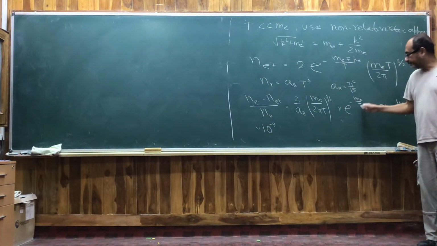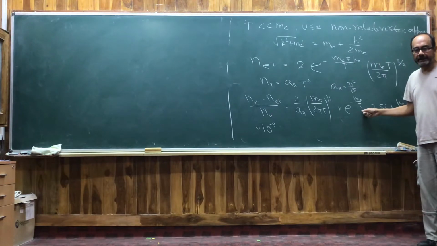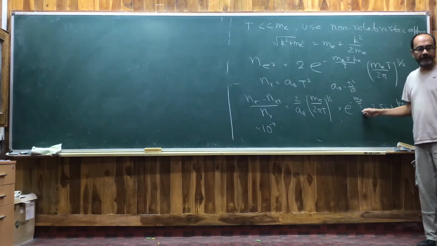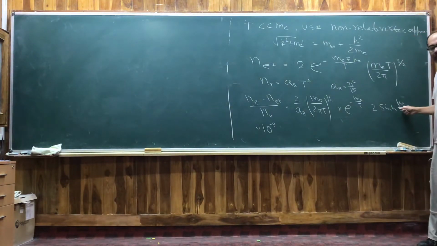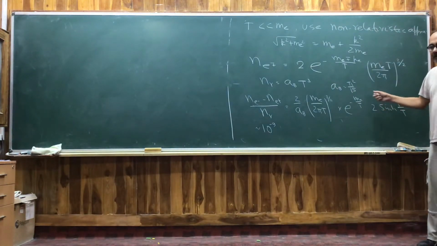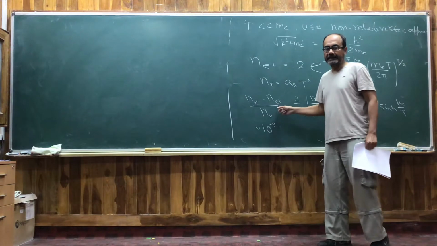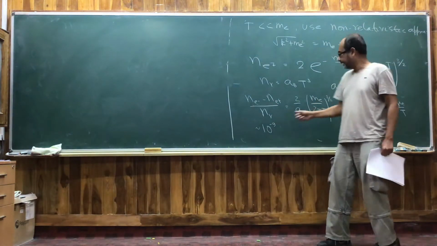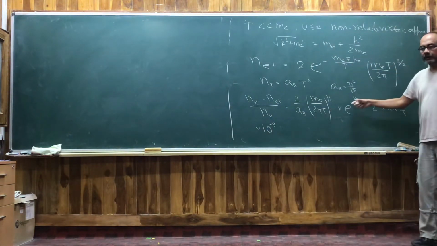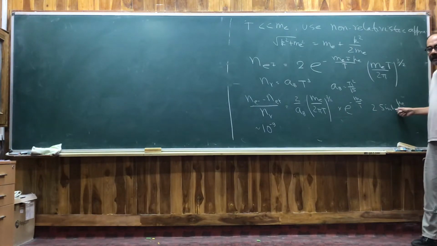And if this becomes less than 10 to the minus 9, then you are in trouble. Then we have to increase mu to compensate, because this is fixed, 10 to the minus 9. Now, if this becomes less than 10 to the minus 9, you have to compensate for it by making mu over t large. Is that clear?